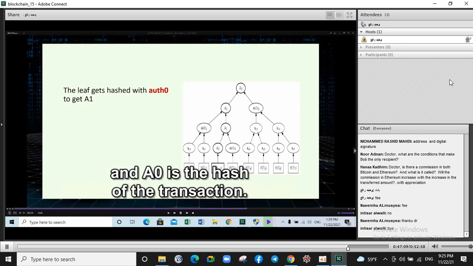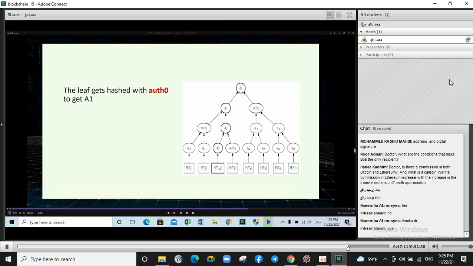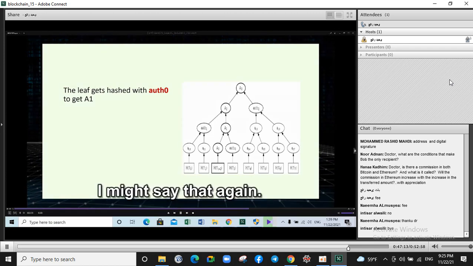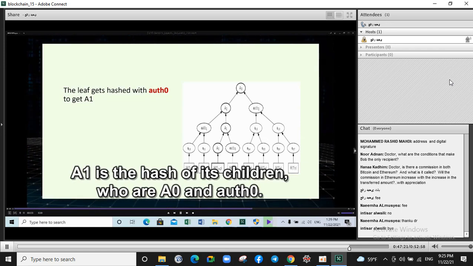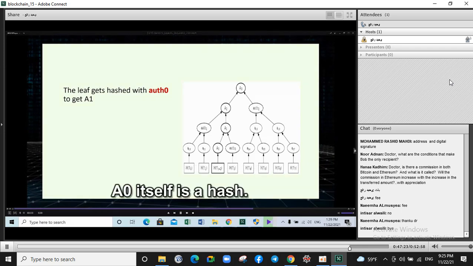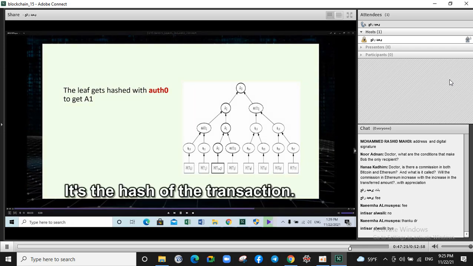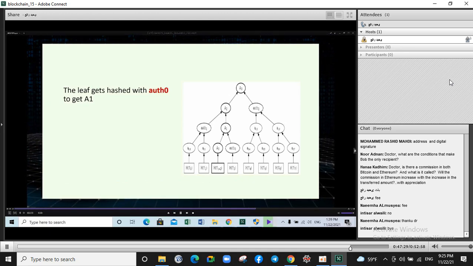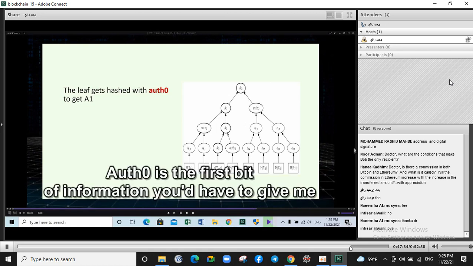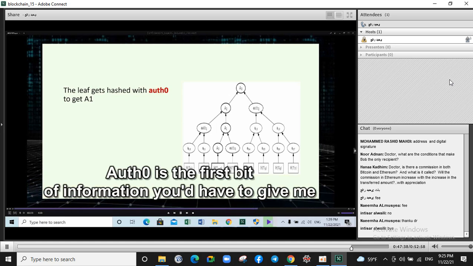So A1 is the hash of its children, who are A0 and auth 0. A0 itself is a hash, it's the hash of the transaction. So is auth 0, as it happens. So auth 0 is the first bit of information you'd have to give me that I don't already have. If I've got my transaction and you give me auth 0, between them I should be able to get up to A1, right?